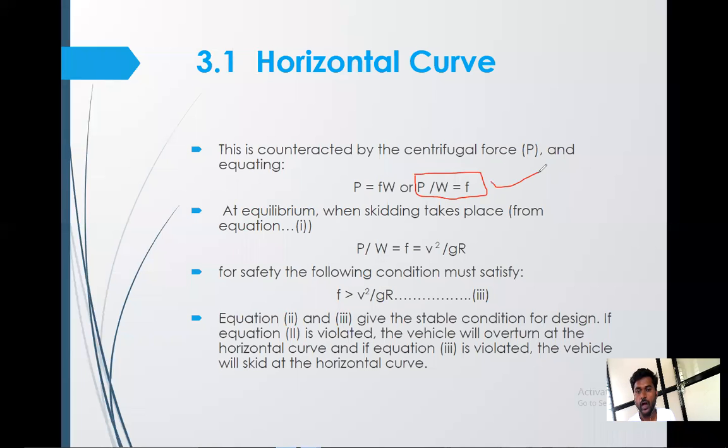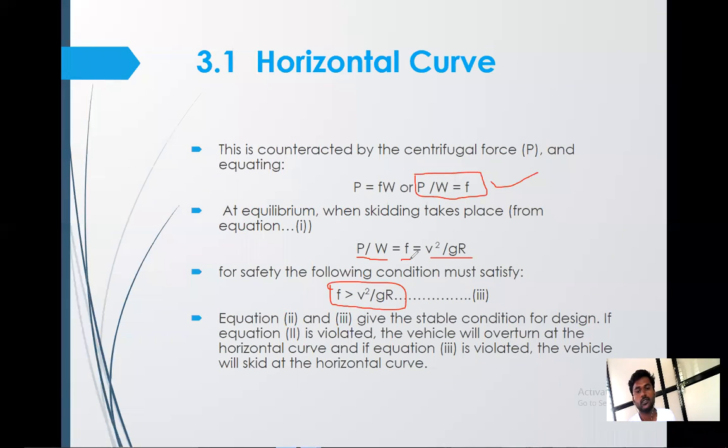But if we go for the factor of safety, we have to get the equation as f should be greater than V square upon GR. Centrifugal ratio P by W is nothing but V square upon GR. So P by W is equal to V square upon GR is equal to f.